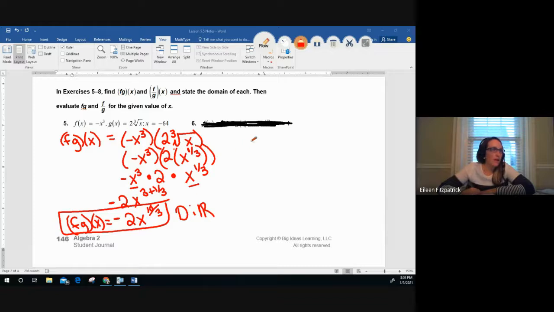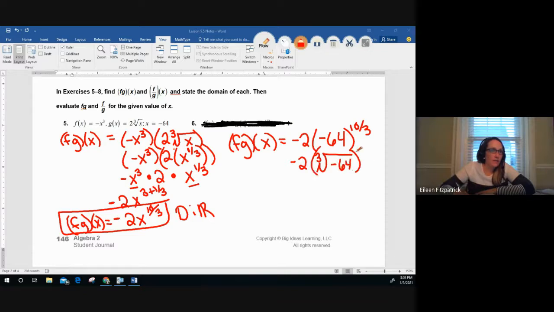Okay. Last part of this problem is evaluating when x is equal to negative 64. So I have f times g of x equals negative 2, and then I have negative 64 raised to the 10/3. All right, you may want to rewrite it as the cube root of negative 64 and then raised to the 10th.